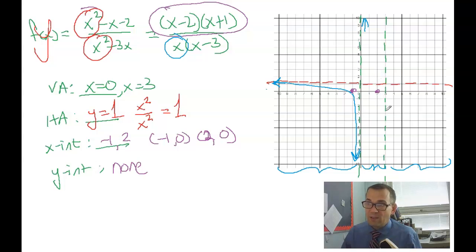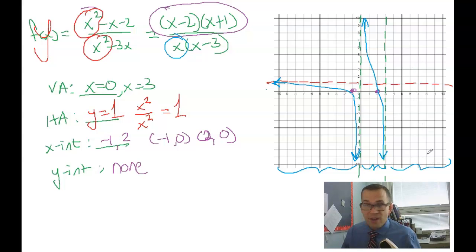But if you don't like that, you can take a number like 1 or a half, plug it into this function and see what the y value actually is, and plot that point. I don't have a calculator handy, so I'm not going to do that. But you'll find that if you plug in 1, it's somewhere above here. So it's going to be like that. Then if I go from this up arrow to this point here, as I approach this line, it's going to keep going the same way. So it's going to look like that.